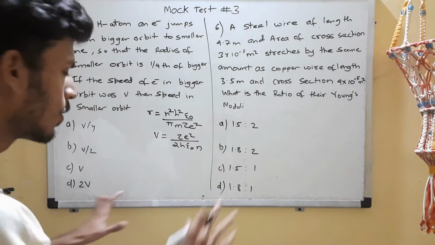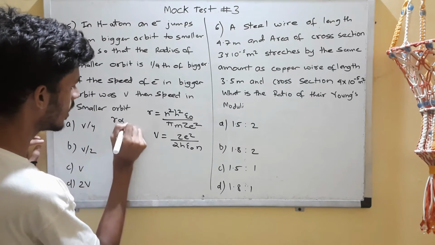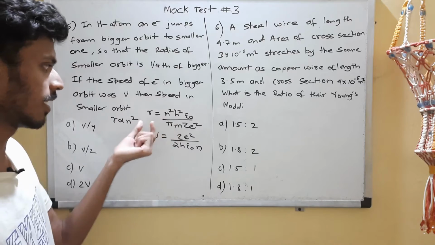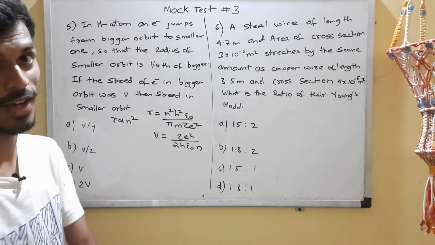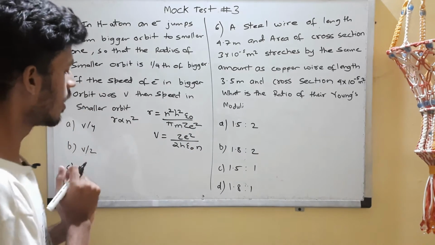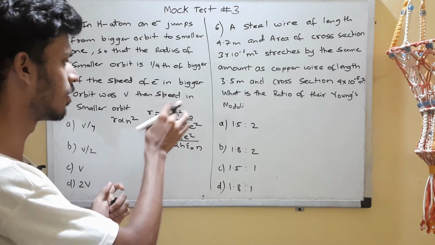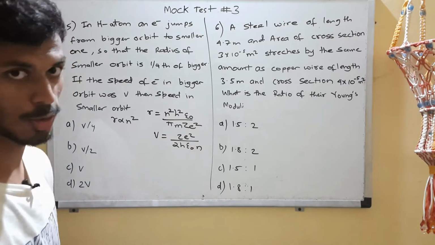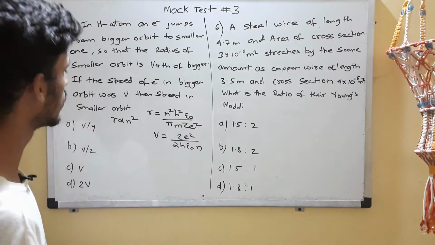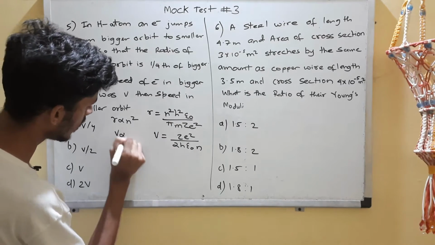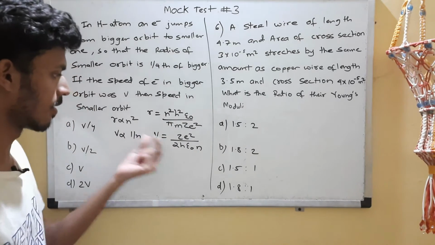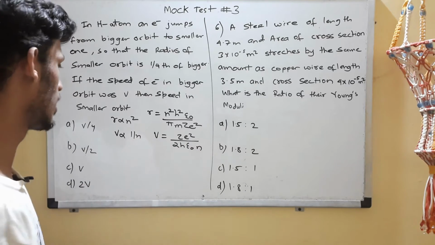Even if you don't know this, you just need to know that r is directly proportional to n square, rest all are constant. Z is 1 for hydrogen atom, and the other terms are also constant. So r is directly proportional to n square, and v is inversely proportional to n.